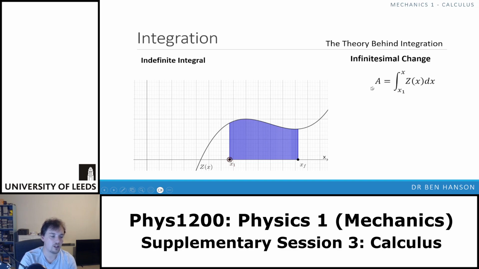Infinitesimal change. We're now going to say that the area function itself can be redefined as the integral between x1 and any point x we like of z of x. So that is now not a single value. It's a variable value.